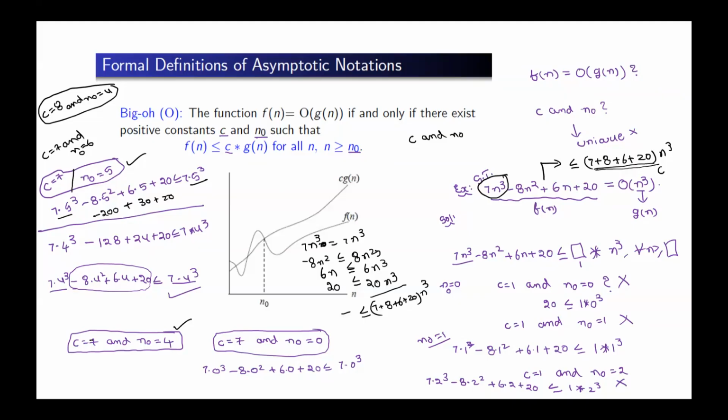So C is how much? 7 plus 8, 15 plus 6, 21 plus 20, 41. So finally, C is 41 and n naught is 1.